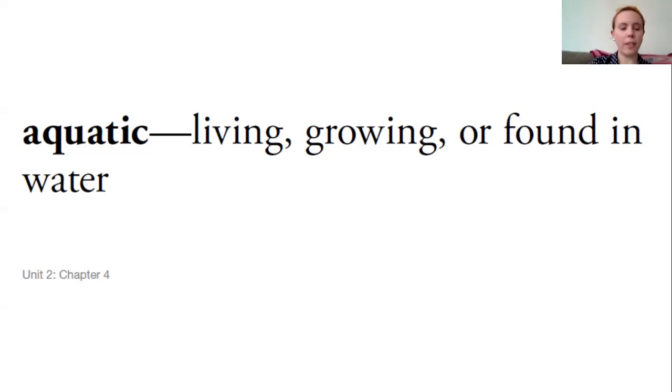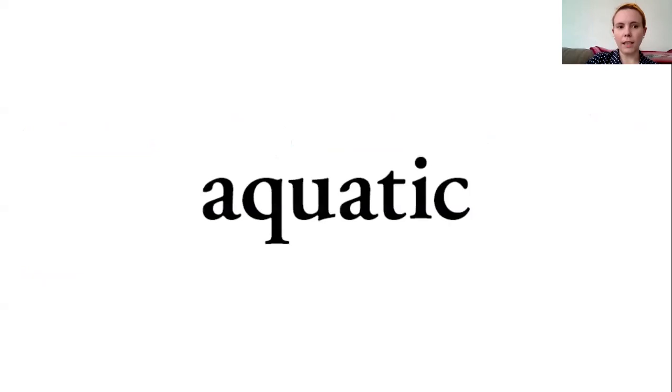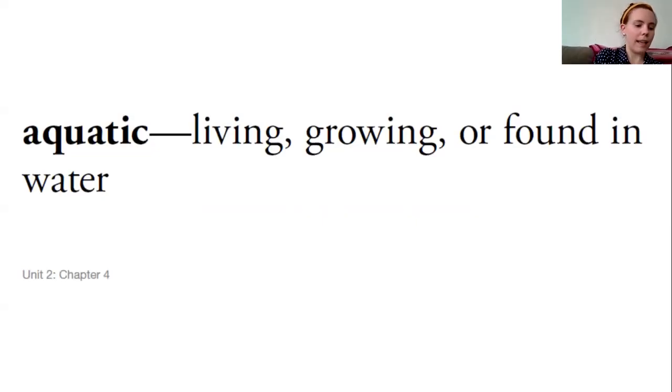Aquatic, 3 vowel sounds. And something that is aquatic is living, growing, or found in the water.